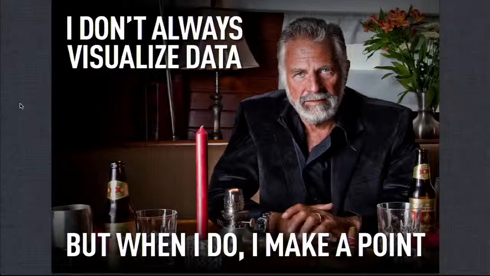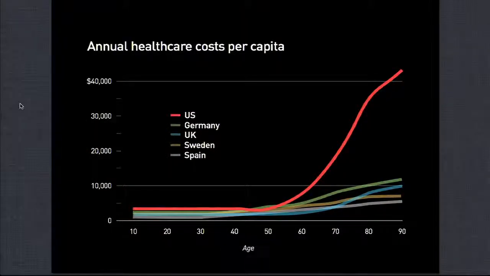As you've heard, making a point is really critical, and it doesn't have to be extravagant to do that. A lot of times we just have to take an extra step in how we're thinking about our communication. I have a kind of goofy fictional example: annual healthcare costs per capita. Somebody who's going to spend a little bit of time can look at this and say, okay, the US has a much higher rate when people start reaching retirement age.